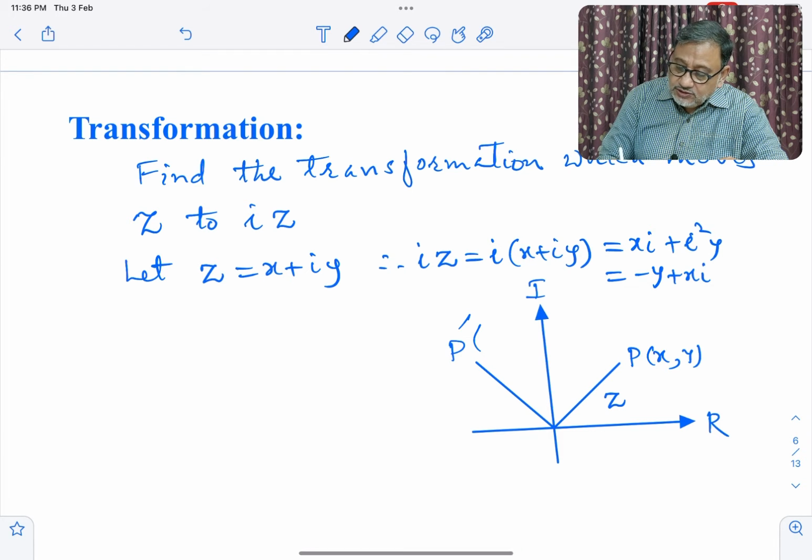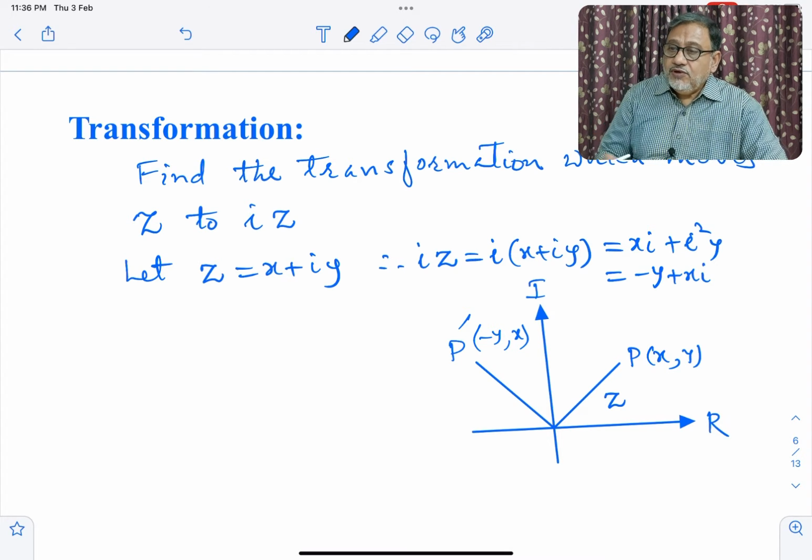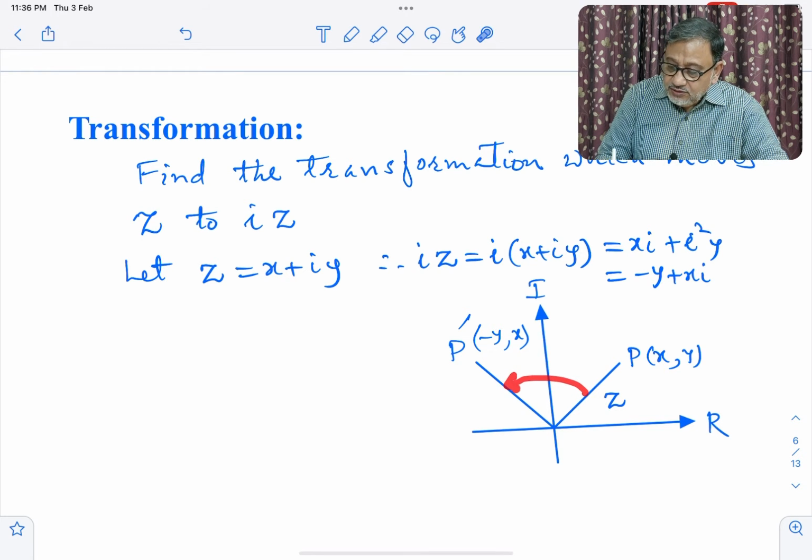What are the coordinates of it? -y, x. Now look here, what is happening here actually? When we are finding the transformation of z to iz, this is shifting to this one, right?